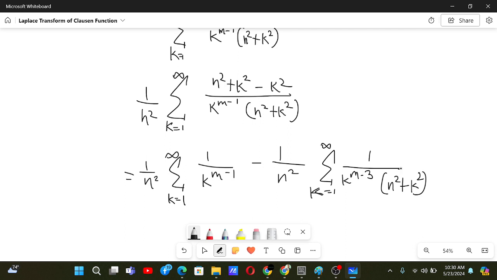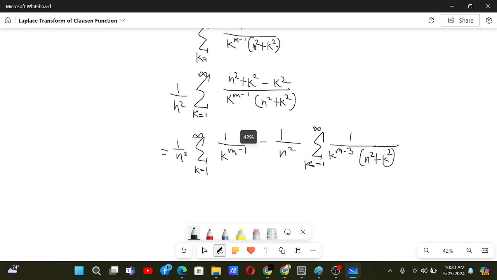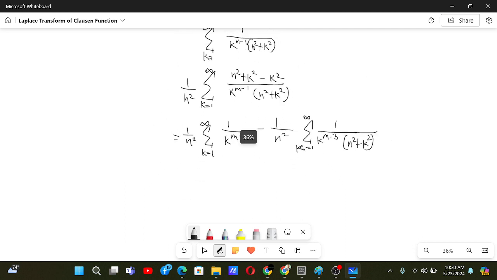You can see that this is similar to the previous expression that we had initially, just that it has reduced by 2, and we have 1 by n square over here and a negative sign over here. So it can be done in a similar way by using the similar pattern that we have seen.